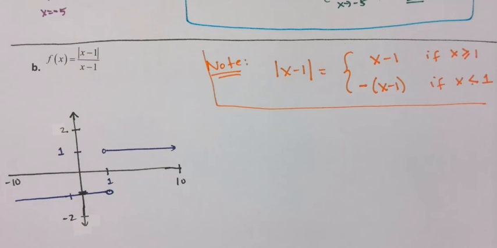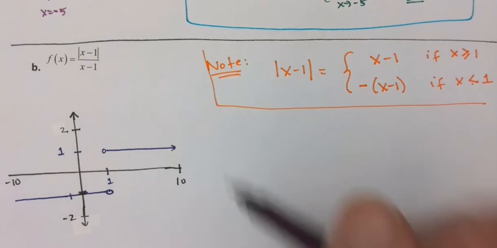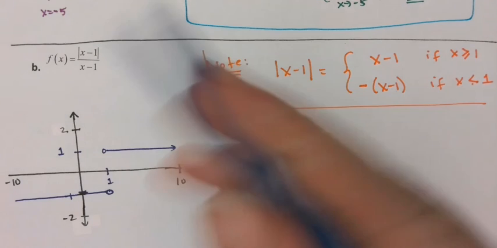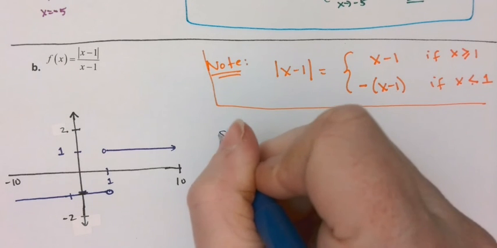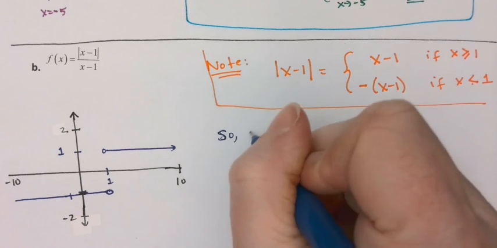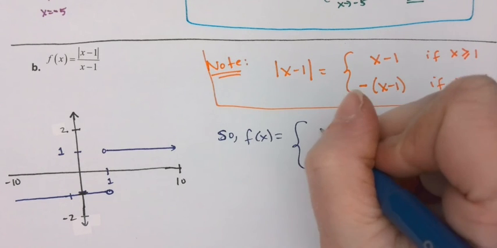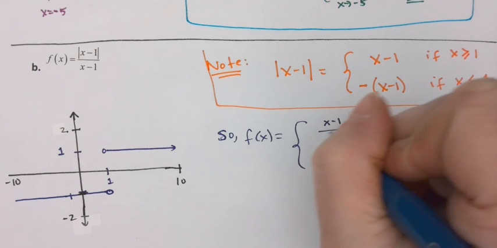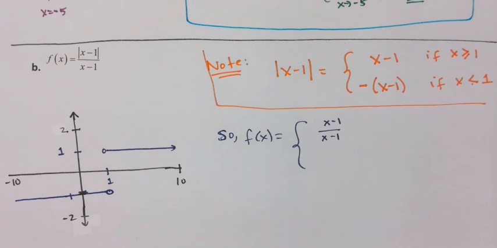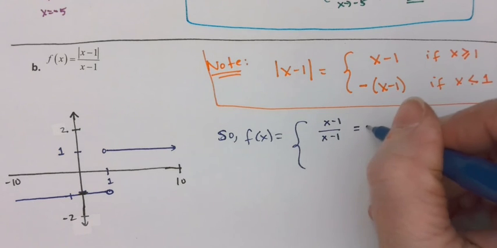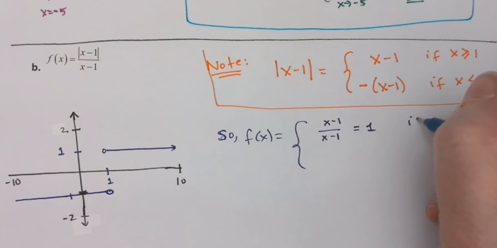Okay, so what does that mean for our function? So that means that f of x, I'm going to write it this way. f of x is equal to two functions. It's actually (x minus 1) over (x minus 1), which would be 1, if x is greater than or equal to 1.